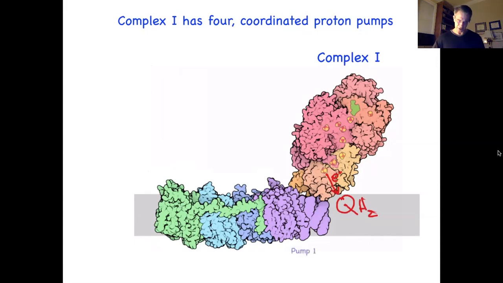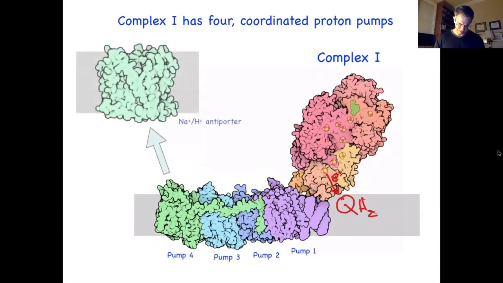Because it turns out that the membrane embedded chunk of this thing has 4 domains. They're all stuck together.